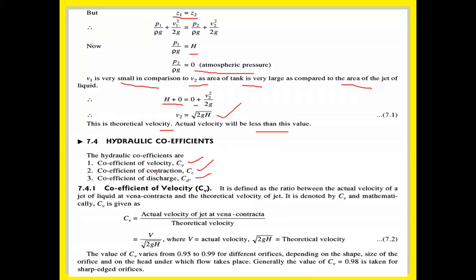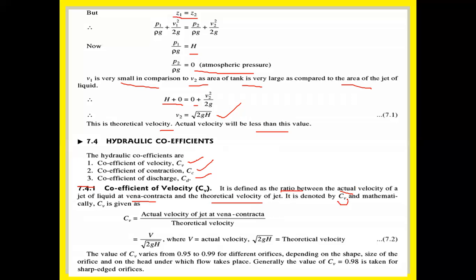See the first one, coefficient of velocity. It is defined as the ratio between the actual velocity of a jet of liquid at vena contracta and the theoretical velocity of the jet, denoted by CV.